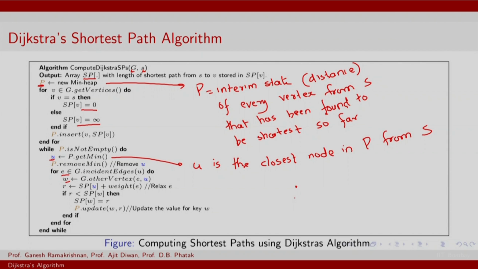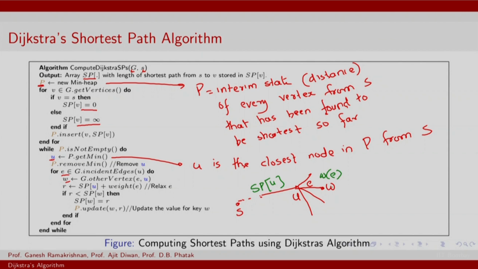So pictorially what you have done is found U that has been found to be the shortest from S so far. Look at all its incident edges. Here's one particular E which has W. We compute the shortest path SP from S to U. To that we add the weight of edge E. This is the step called relaxation.